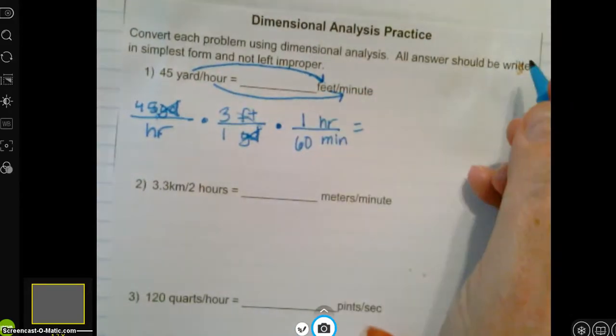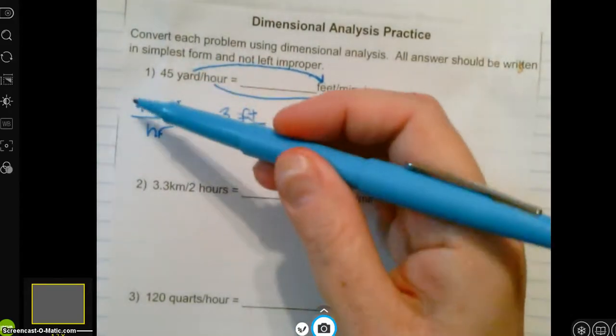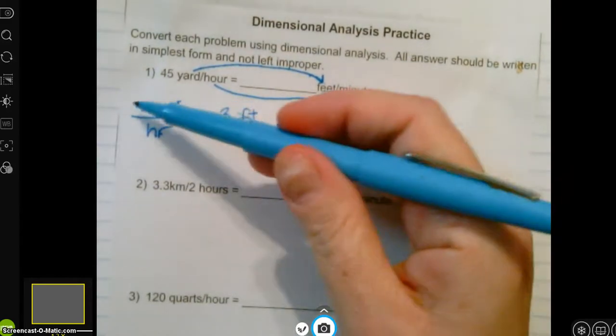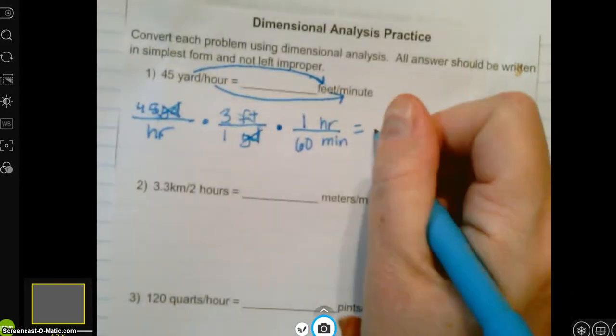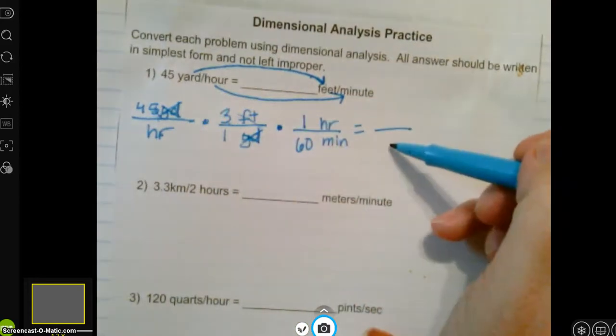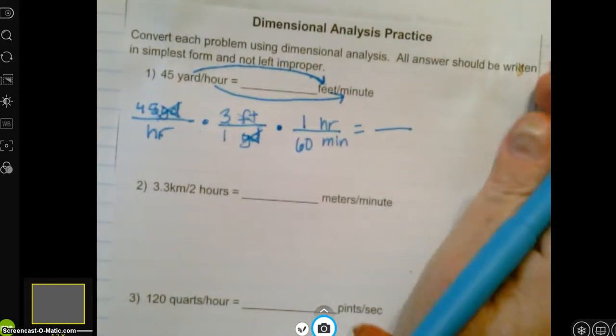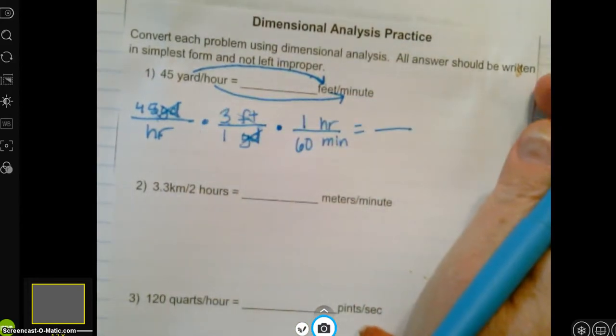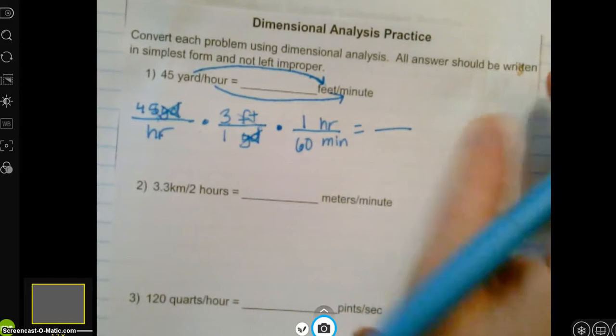Now, if you do not understand relationships, your job is to multiply 45 times 3 times 1. So basically just 45 times 3 and put that on top. And then on bottom you would have 1 times 60 and you put that there. And then you would divide. Okay? So if you don't understand relationships, then I want you to do that.